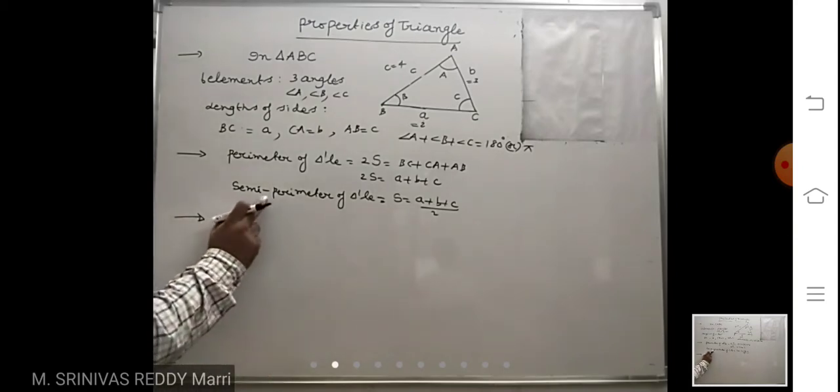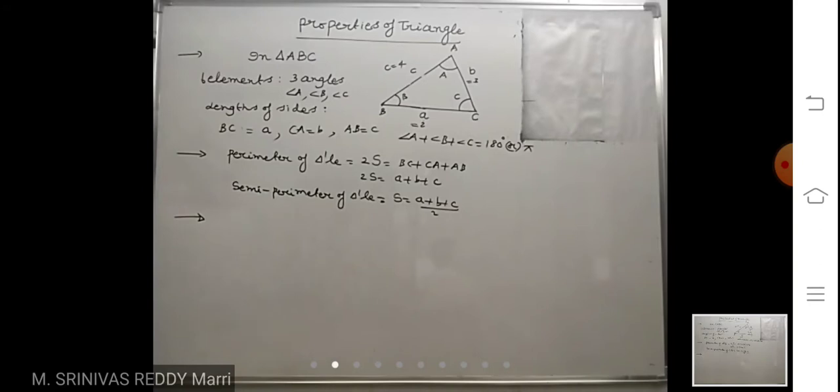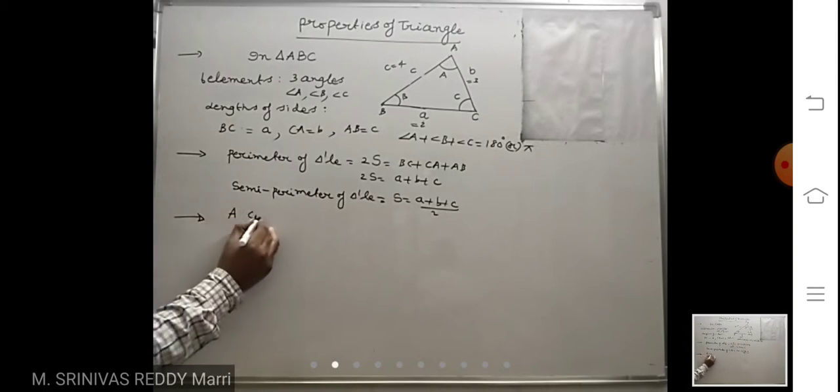Look at this. So, semi-perimeter of the triangle. Next, look at this triangle ABC.